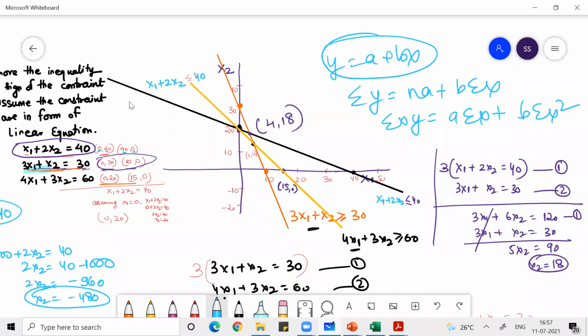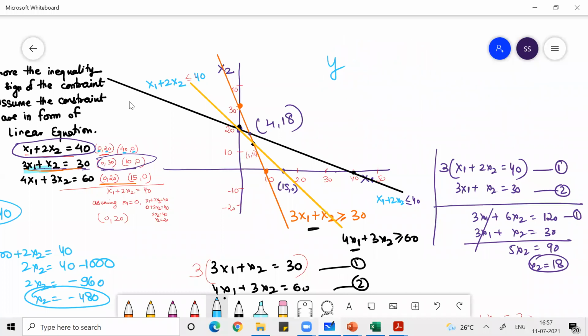Do you remember all this? All these are examples of linear equations, guys. Everything we are studying right from childhood is the same thing: straight line, coordinate geometry. Nothing new we are studying. Anyone, any doubt?